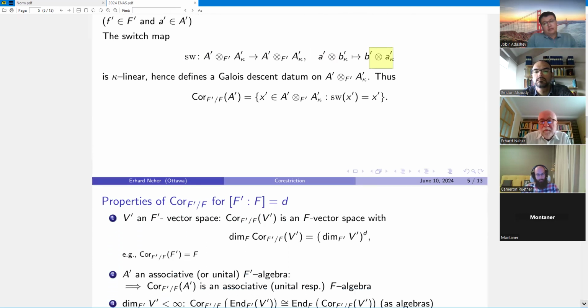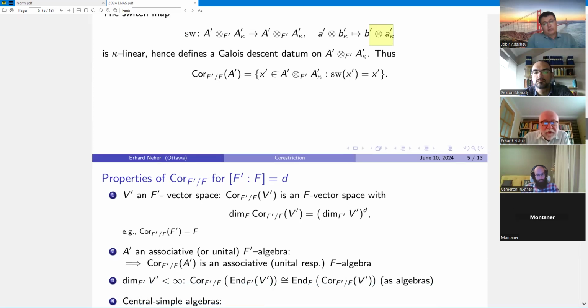Another important property is that we can look at associative F prime algebras, then the corestriction will be an associative F algebra. We can look at unital F prime algebras, the corestriction will be a unital F algebra.